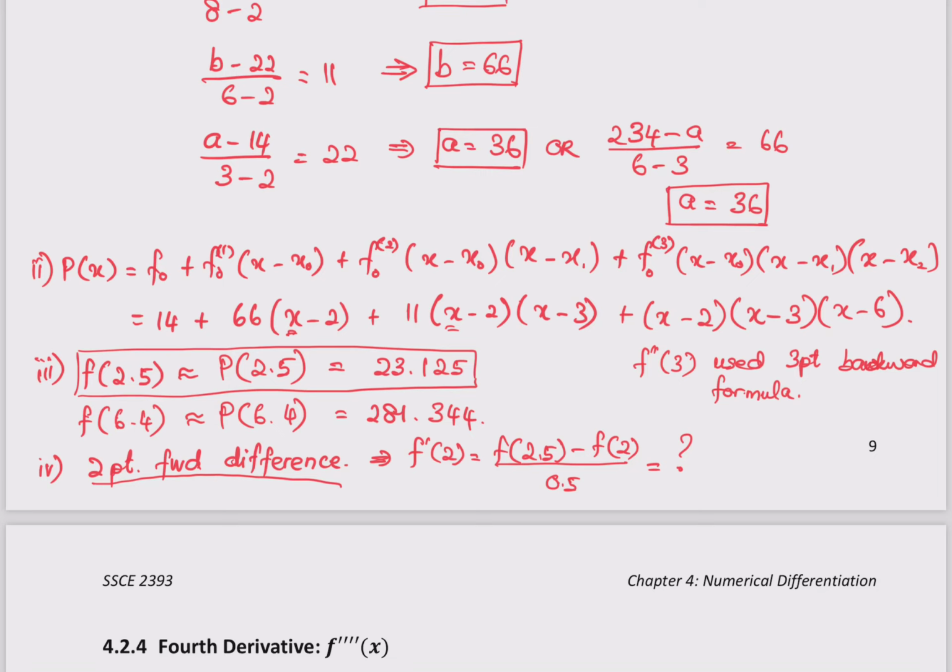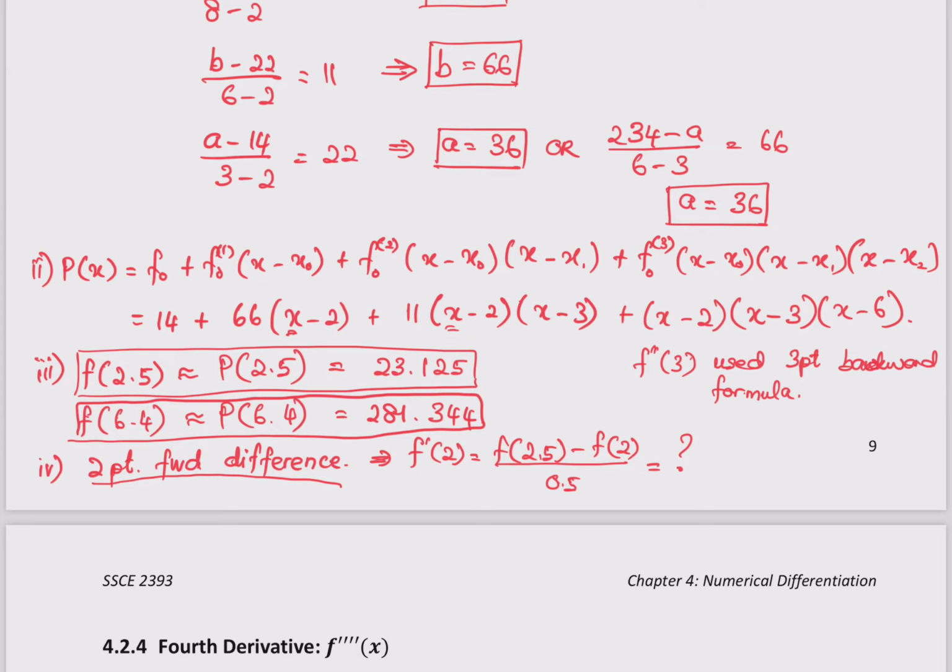I think the best answer is you need to use what you have so far, because in the third question you are also asked to find f 2.5 and f 6.4.